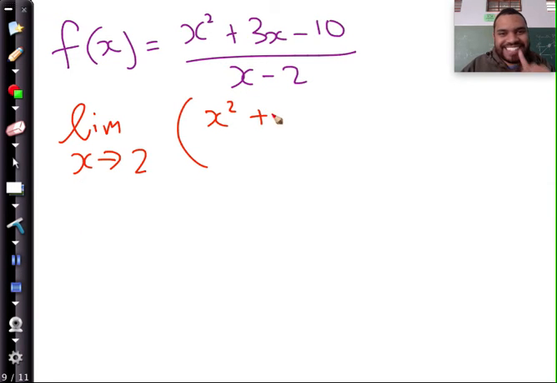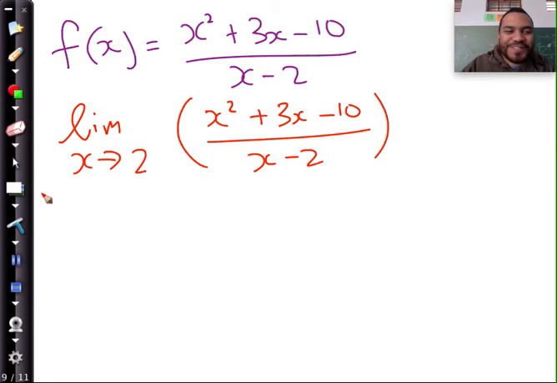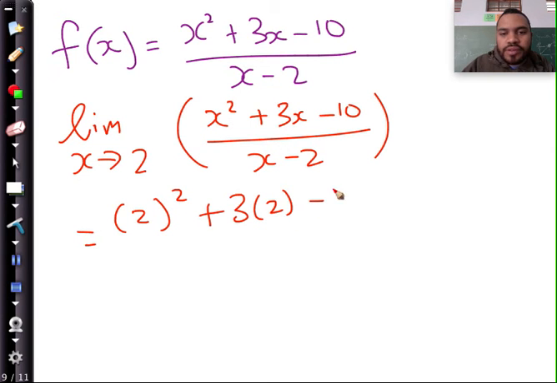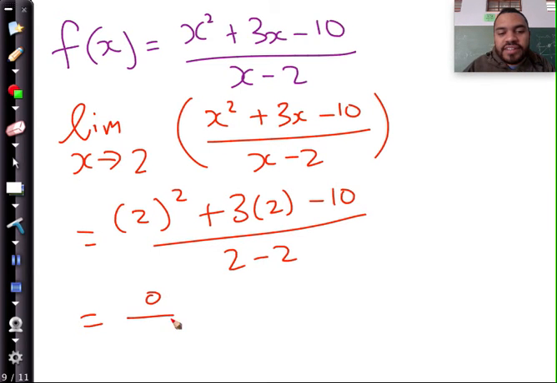Guys, let's finish this quickly. What do you do? First step, quickly. Substitute. So you put in 2 squared plus 3 times 2 minus 10 all over 2 minus 2. And what do you get? You get 0 over 0.